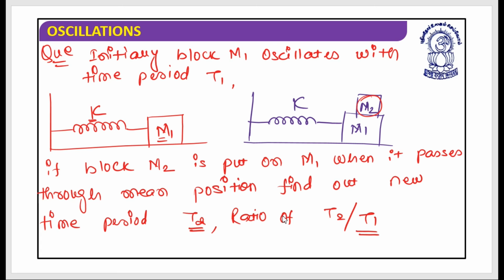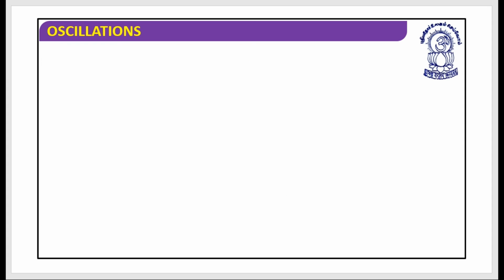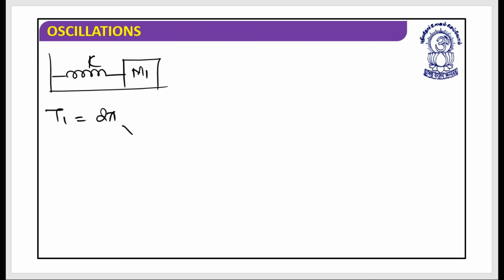So how will we do this? What could be done? What do you think? So what I understand is that initially only the spring was there, and only m1 was there. T1 is equal to 2 pi root of m1 divided by k.